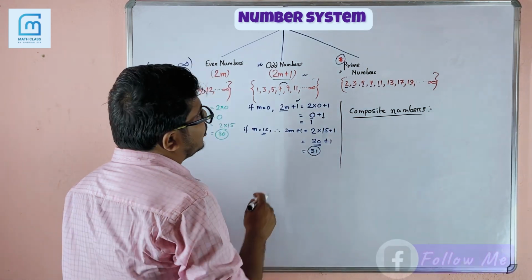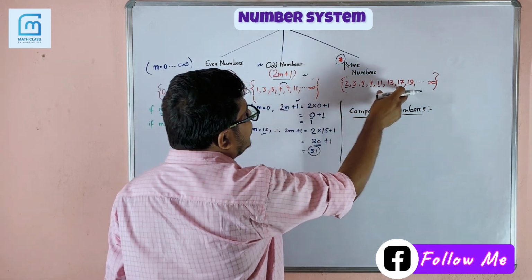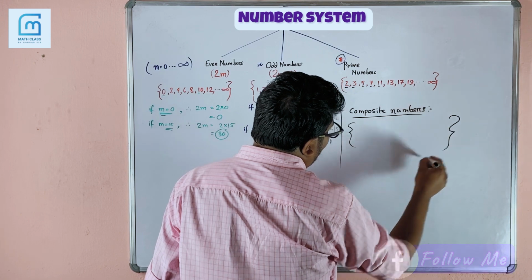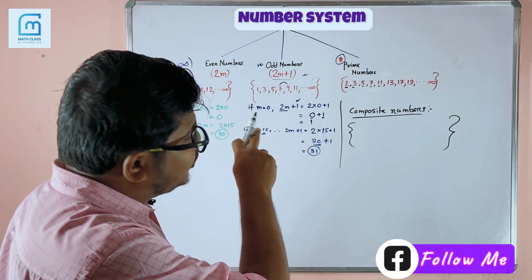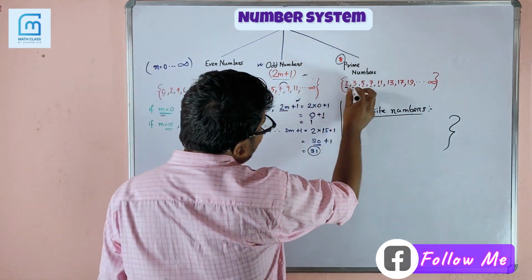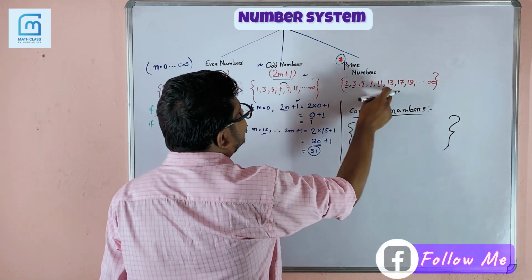That means prime numbers do not fall into the group of composite numbers, but all other numbers, without the prime numbers, are composite numbers. Okay, so let us take the prime numbers that we have already discussed.